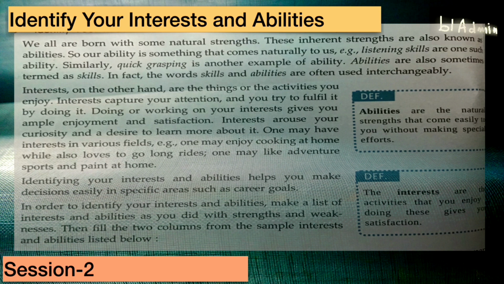Now, how will you do so? Previously, we listed items one after another as my strengths and my weaknesses. Similarly, we will list down the topics or interest areas of ours as well as our abilities.